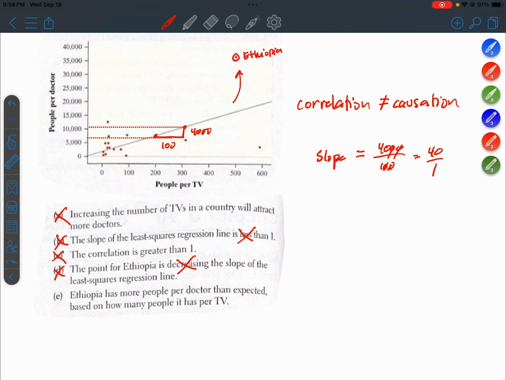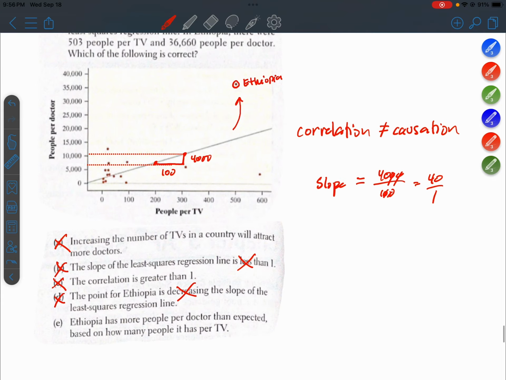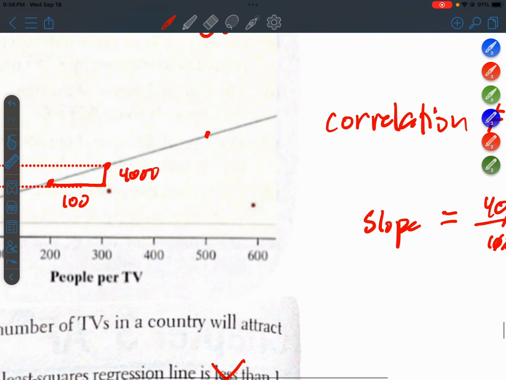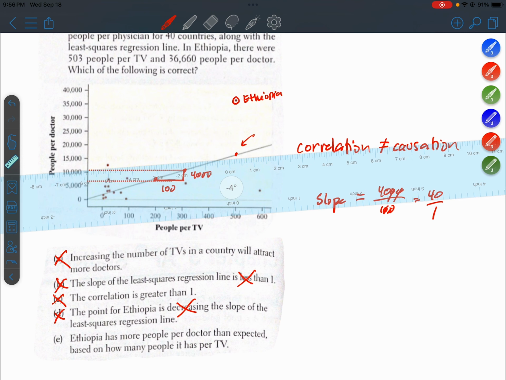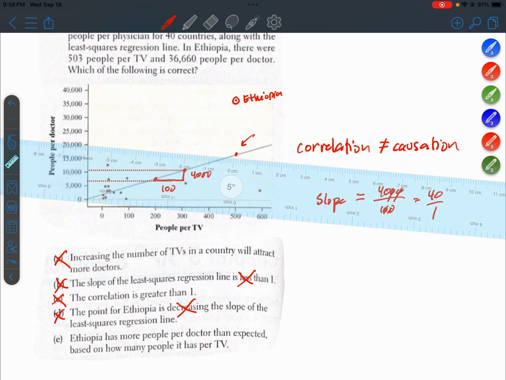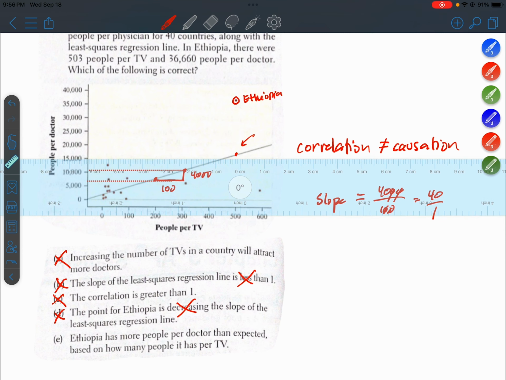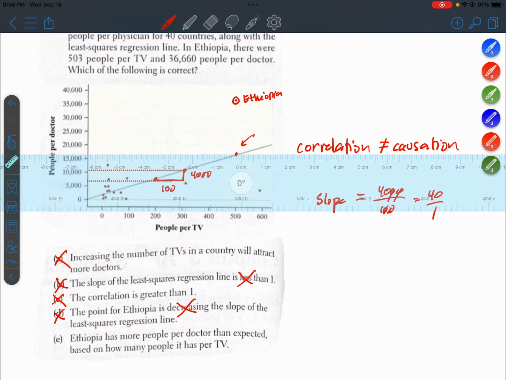Ethiopia has more people per doctor than expected, based on how many people it has per TV. The model predicts that for a country like Ethiopia that's got about 503 people per TV, what does it predict? This is just an estimation, but it predicts, let's call that like 17,000.